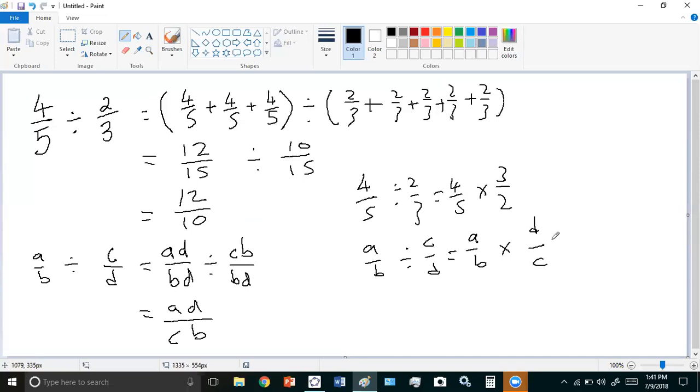And so that again will give us AD over BC, right? So now you can see why you flip the second fraction, so that the consequent and antecedent switch places. And so 12/10 is the answer.